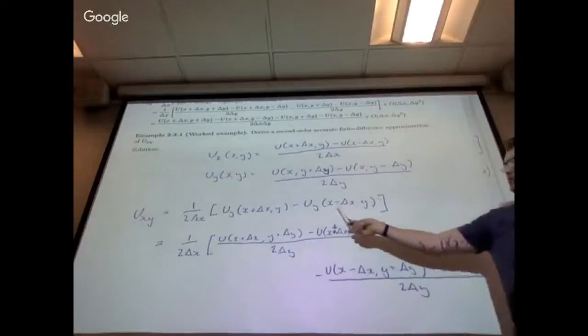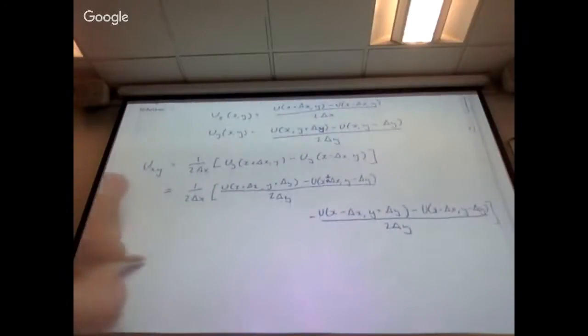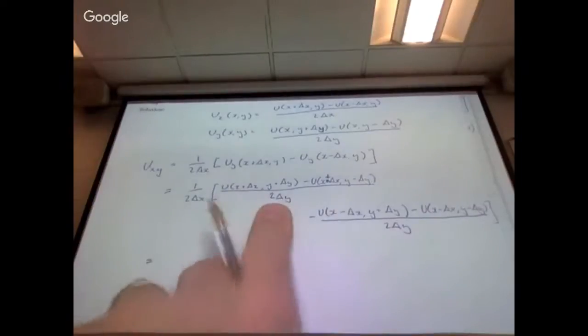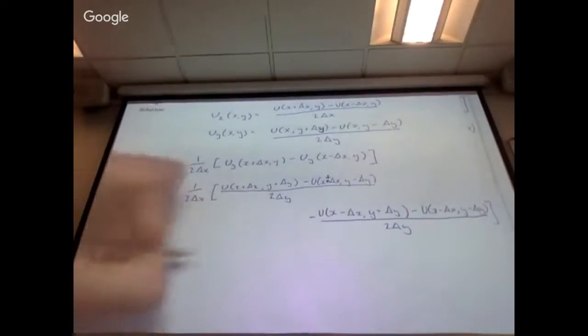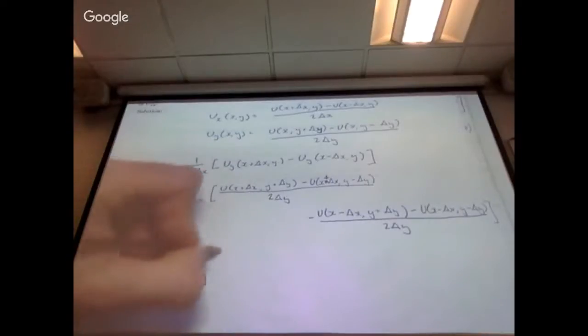Okay, so essentially I've replaced each of those with its own finite difference approximation. If I combine them all together, well, I've got 2 delta x times 2 delta y. So I've got 1 over 4 delta x delta y.